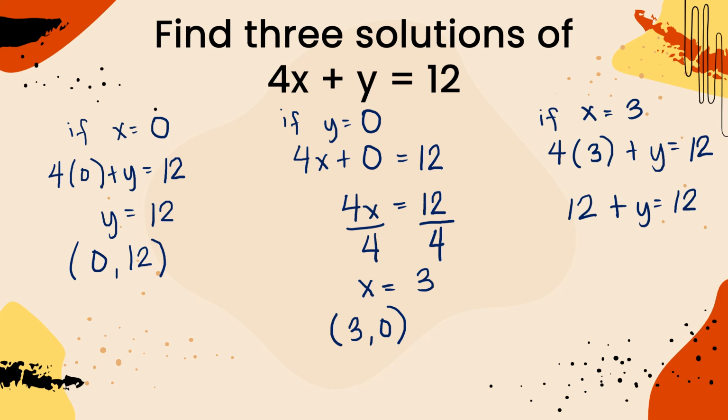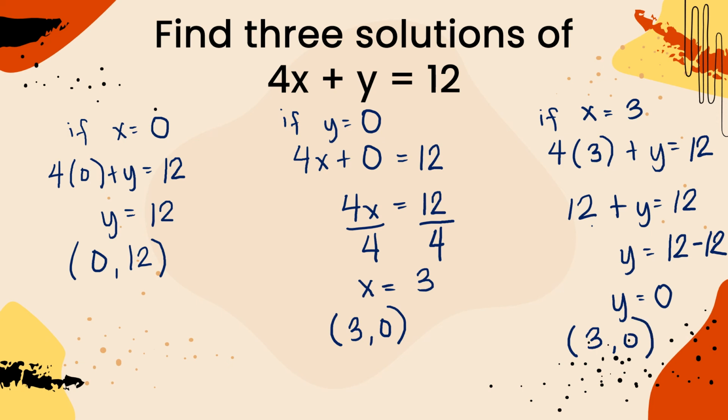So, gamitin ulit natin ang APE. Palit ang sign si 12 mula sa left, mapapapunta sa right. Pero huwag kakalimutan magpalit ng sign, kaya siya ay 12 minus 12, which is 0. So, y is equal to 0. So, therefore, we have 3, 0.